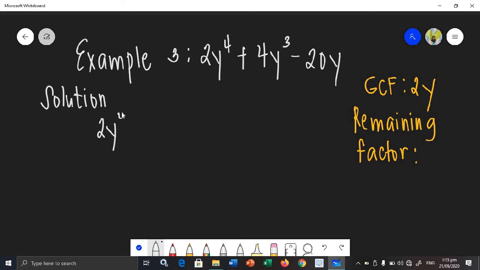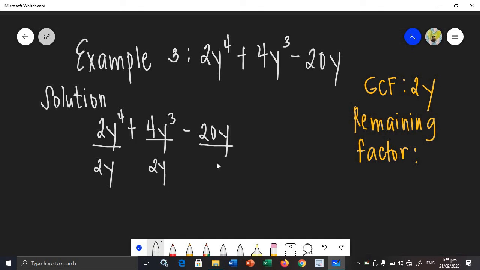So 2y to the 4th plus 4y cubed minus 20y, and we will be dividing all of this by the GCF, which is 2y. Now, ano makukuha natin? So 2, makakancel yung 2. Cancel na yan. So y to the 4th over y, that is y cube.